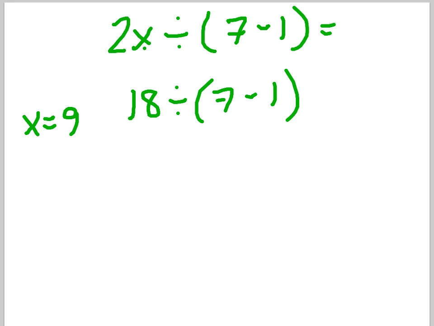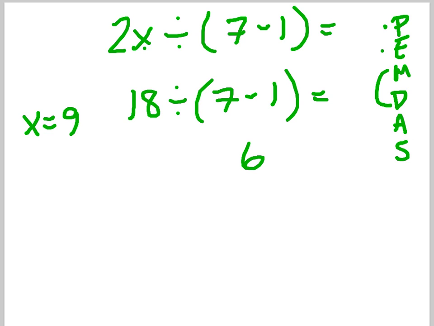7 minus 1 equals. All right, following our PEMDAS, are you writing this on the side of your paper? Following our order of operations. All right, do we have parentheses? Ooh, yes we do. 7 minus 1, what does that equal? 6. All right, so we've got that. Any exponents? No exponents on this one.